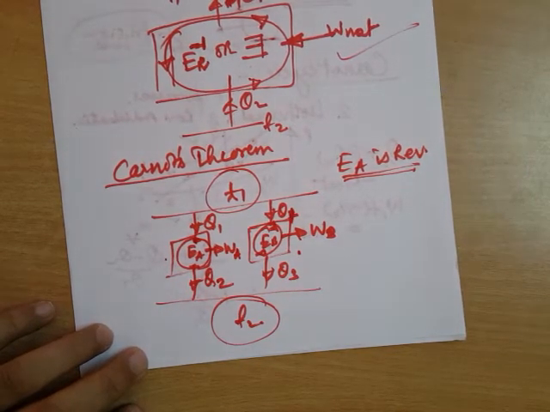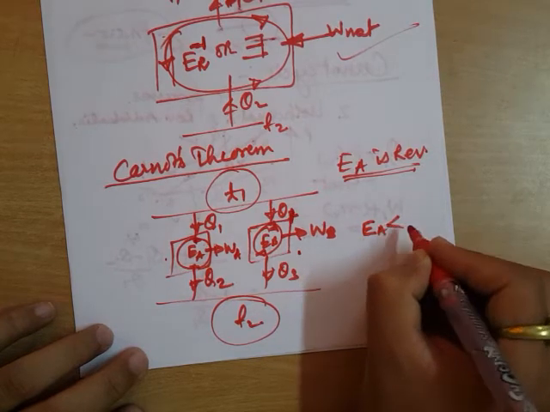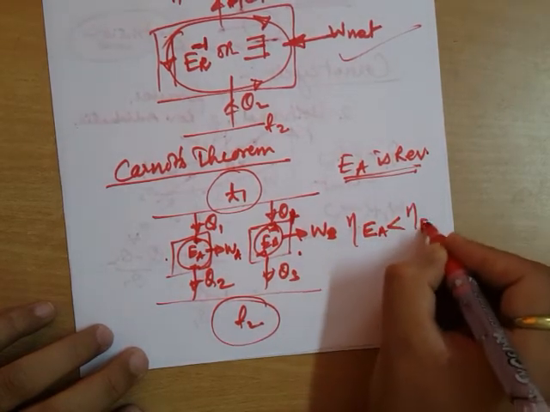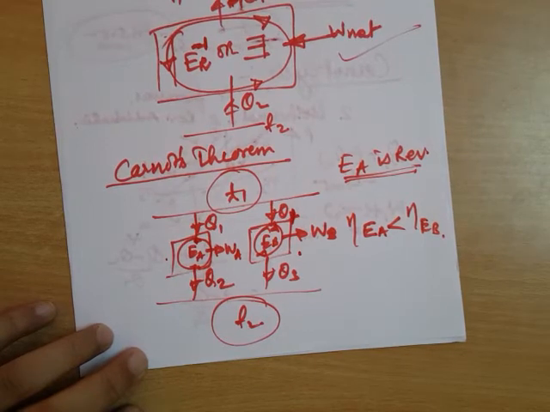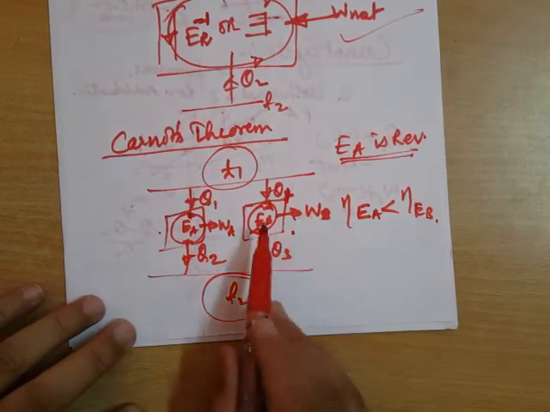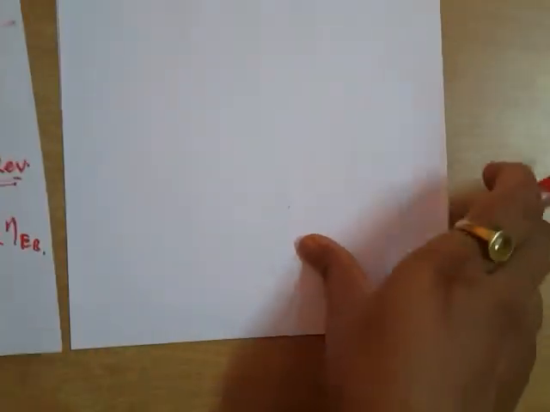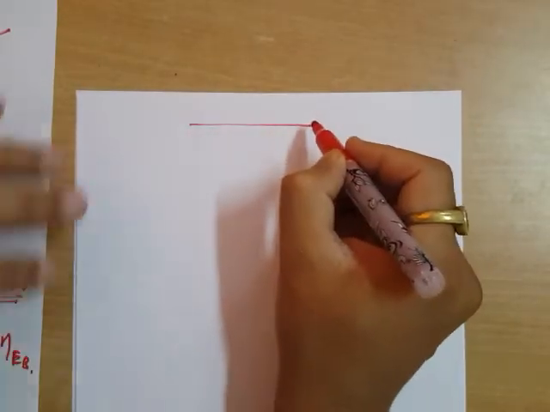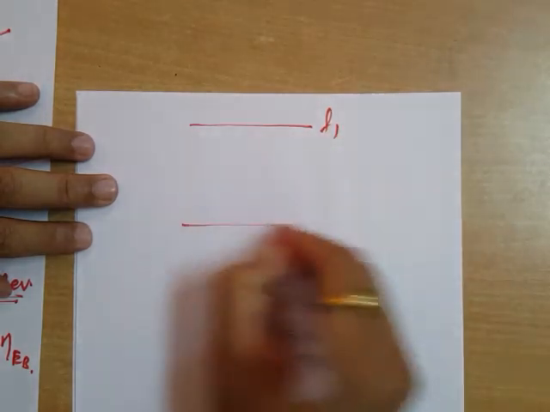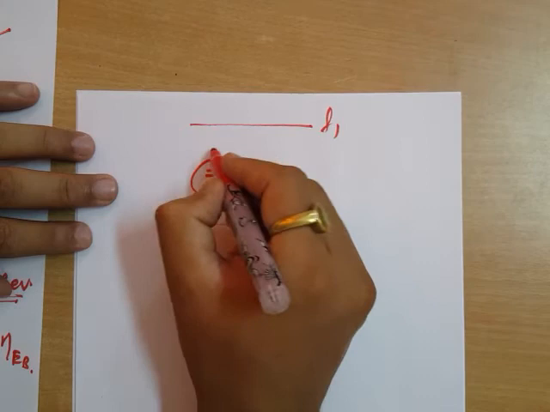So again we will start with the negative analogy. Let us say that engine A is less efficient than engine B. Engine A is a reversible engine, so revert this and see what happens. Reverting it, this is my engine, this is my T1, this is T2, and I am reverting engine A. So what will happen?